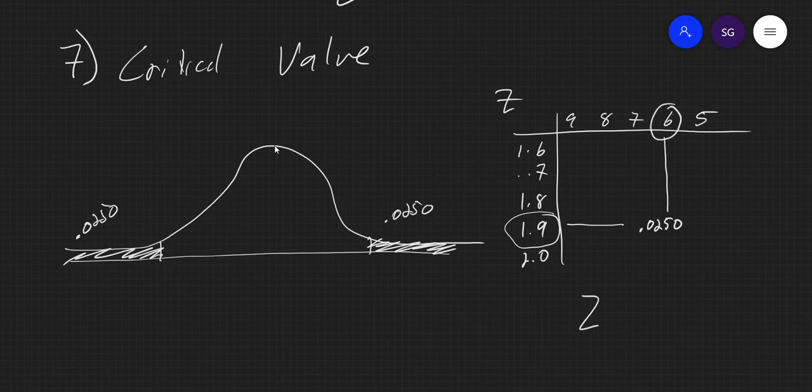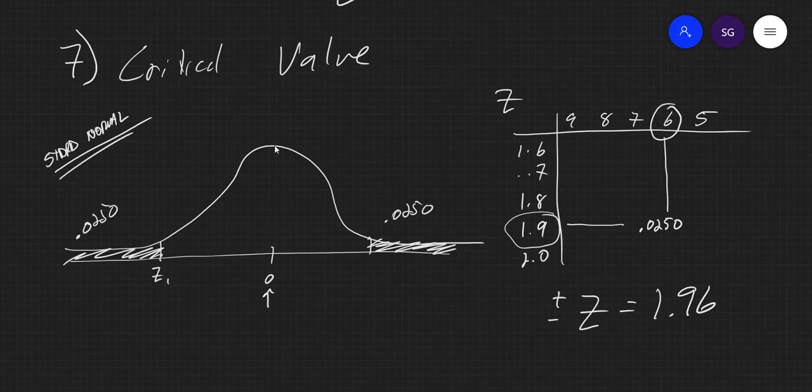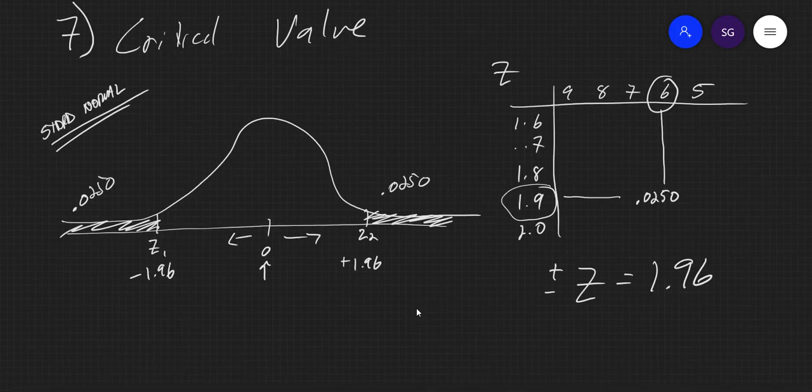So my z-stat, and it's only because I have this memorized, plus or minus z is going to be 1.96. So on my standard normal curve, mu is 0, and z sub 1 is going to be negative 1.96, and z sub 2 is going to be positive 1.96, because obviously it's on either side of 0. The normal distribution is reflective, and that's why we get there.